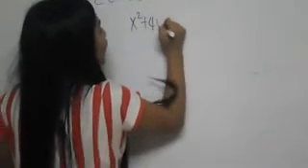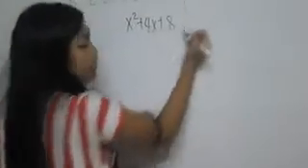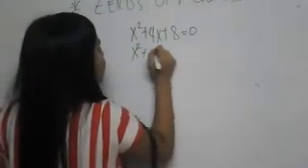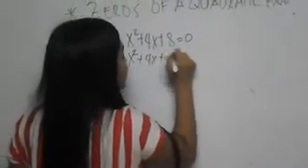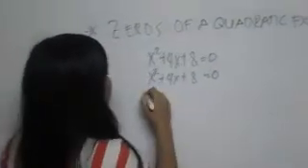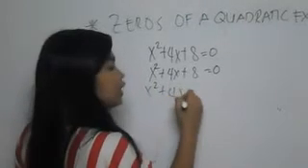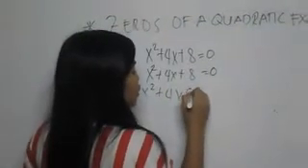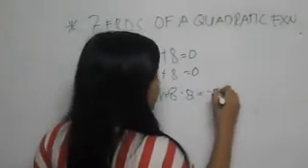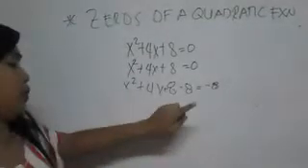Then, in determining the zeros by completing the square, given x squared plus 4x plus 8, I will move the constant and add negative 8 to both sides.